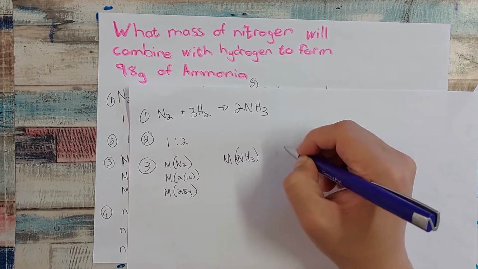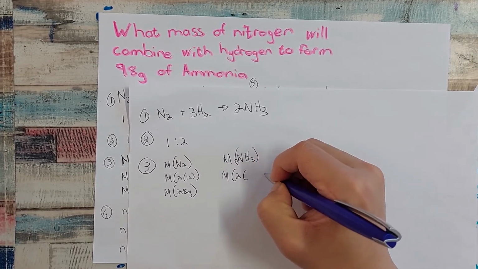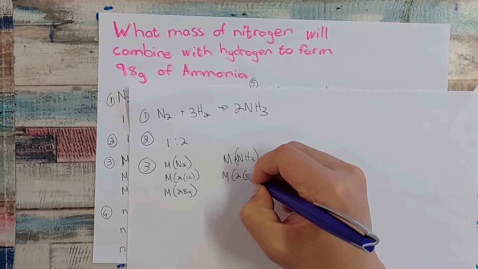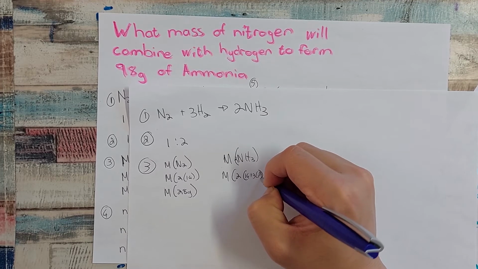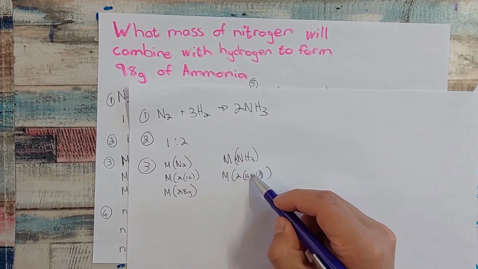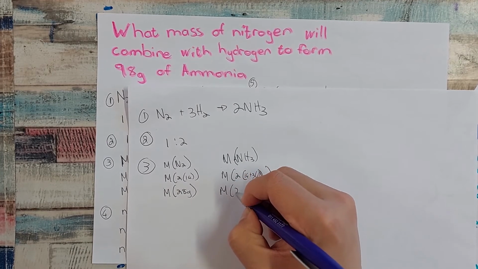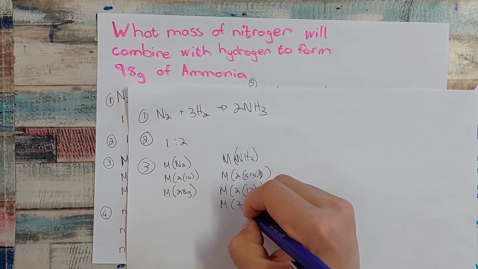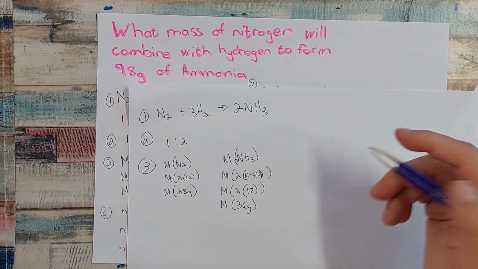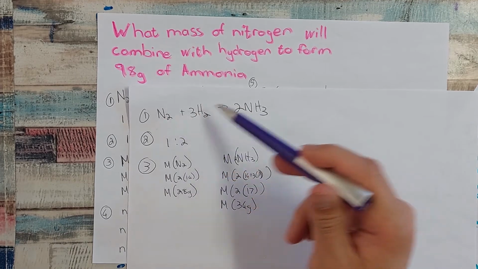But this one, I've got 2. So it's going to be my mass, 2 times all of this over here, which is going to be 14 plus 3 times 1. So my mass is 2 times 17, which is equal to 34 grams.